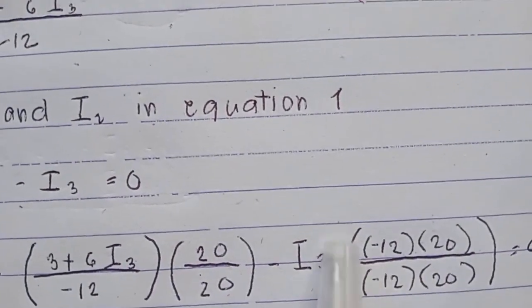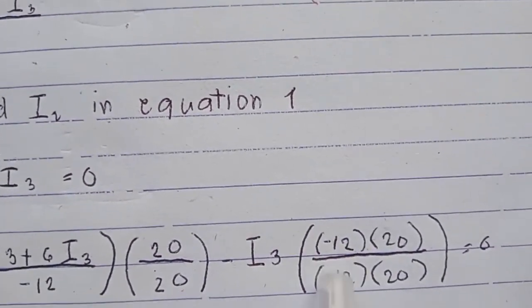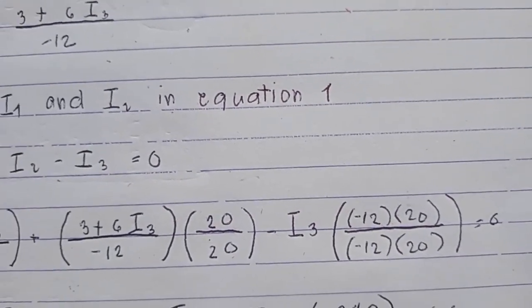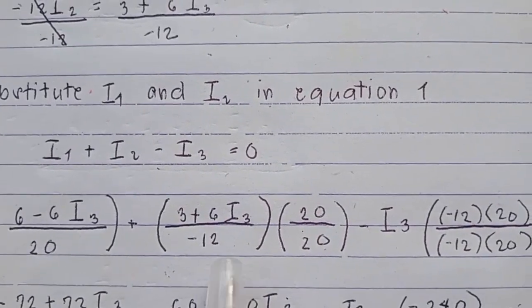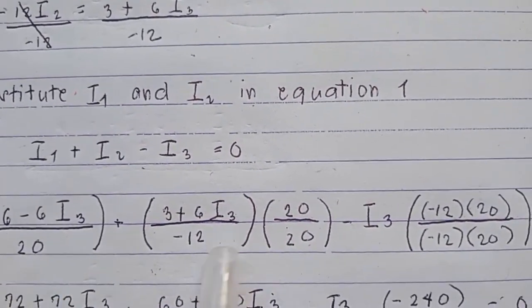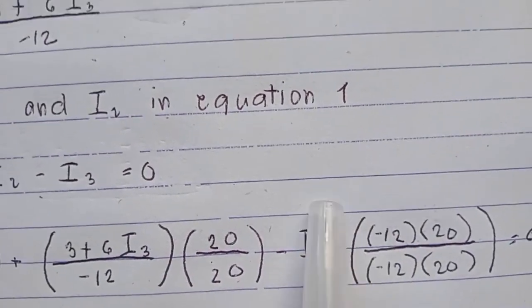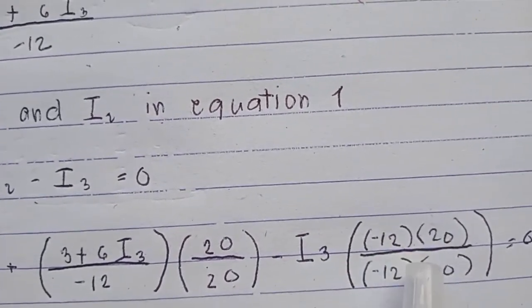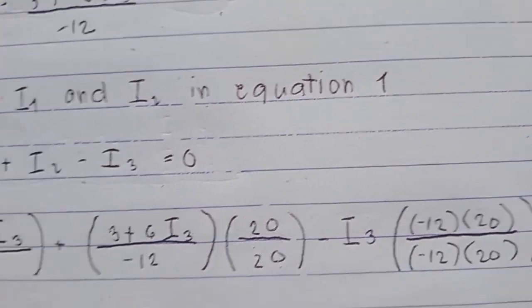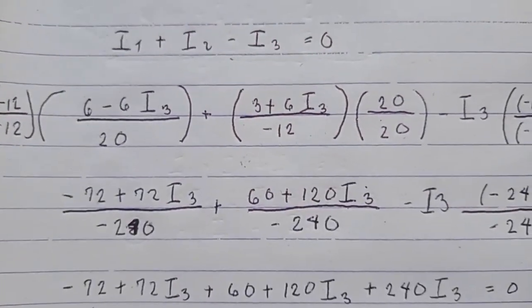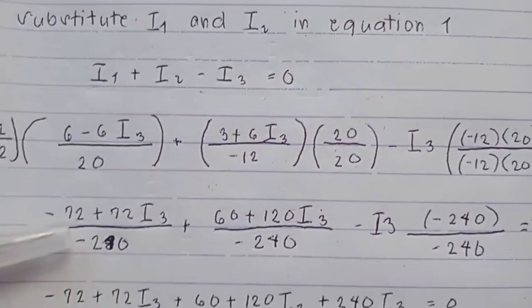As for I3, we must multiply everything here accordingly to their denominators: I3 multiplied by negative 12 and 20. So we will arrive at this equation.